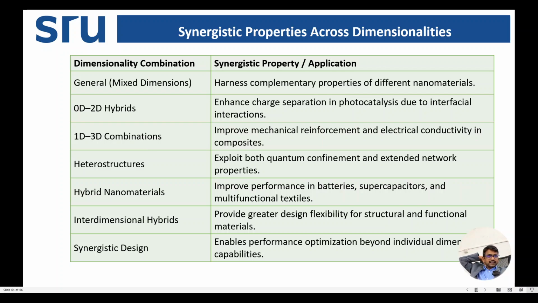This combination improves mechanical reinforcement and electrical conductivity in composites. If you are mixing two different dimensionality materials, we can call it a nano composite. So the 1D, 3D combination improves electrical conductivity.